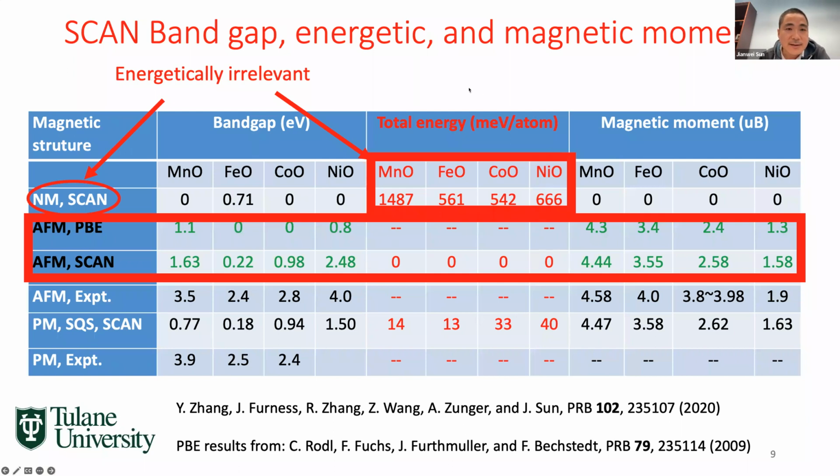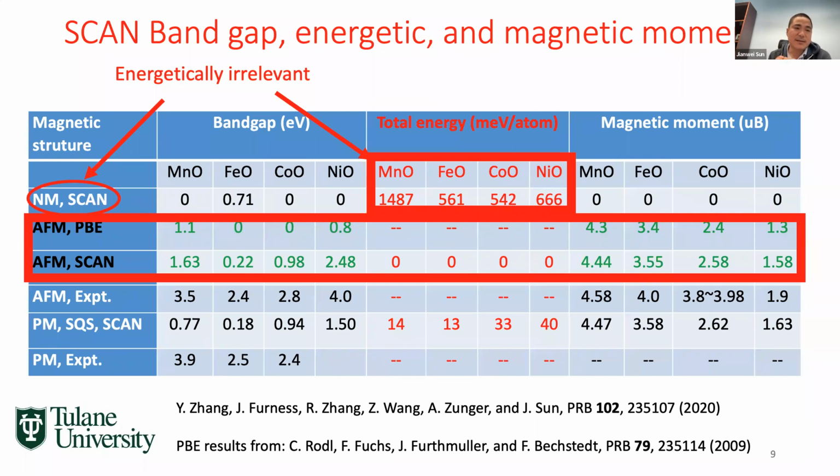So another thing I would like to point out is this non-magnetic phase or non-magnetic order. If you do the SCAN calculation and compare to this AFM SCAN, then you can see that the total energy of the non-magnetic phase is about 1.5 electron volts, or 0.5 electron volts for all these compounds per atom. So this is a large energy difference.